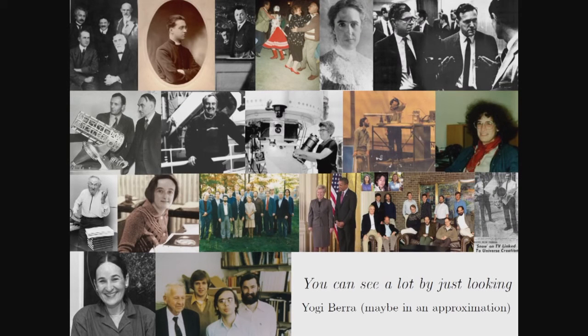So I'll just close by making a general remark. Well, of course, I love this quote from a noted authority on philosophy and baseball. You can see a lot by just looking. Here is a sample of the people who have done the looking with great, enormous care, ranging over now a century.